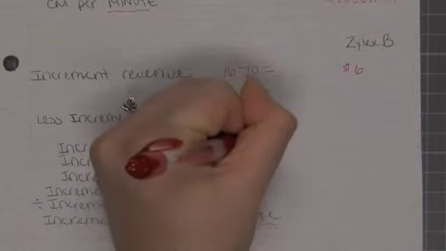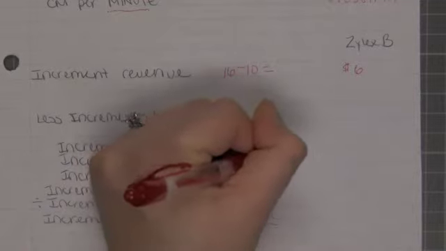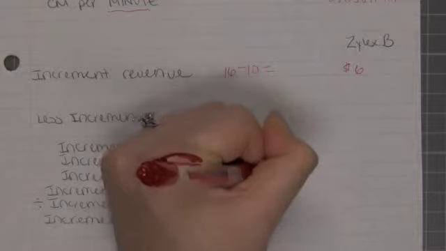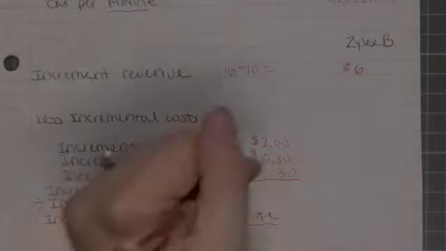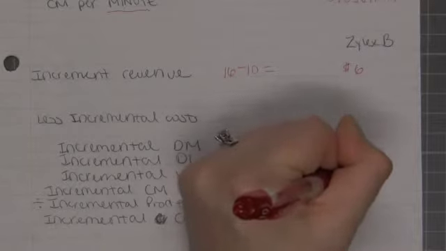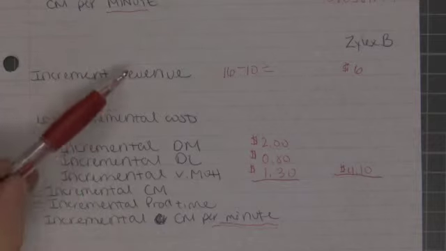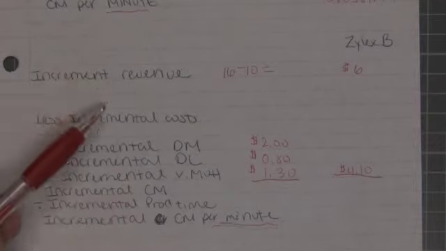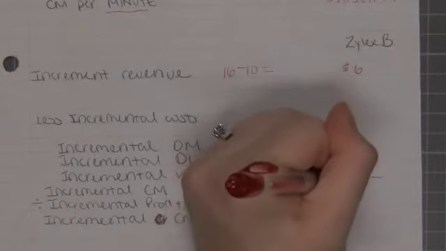We have $2 for increase in direct materials, 80 cents for more direct labor, and $1.30 in increased variable manufacturing overhead. So our incremental variable costs are $4.10. So just like revenue minus variable costs equals contribution margin, incremental revenue minus incremental variable costs equals incremental contribution margin. In this case, it's $1.90.